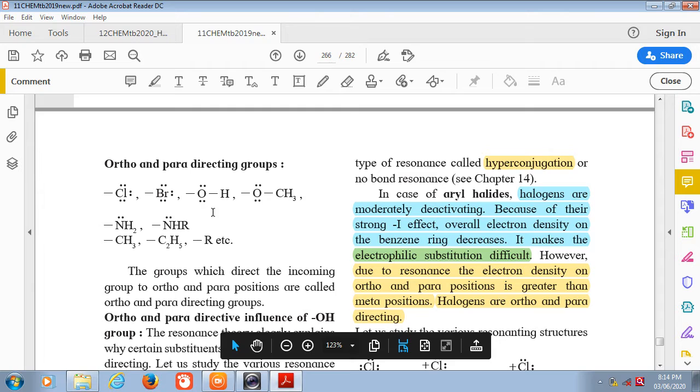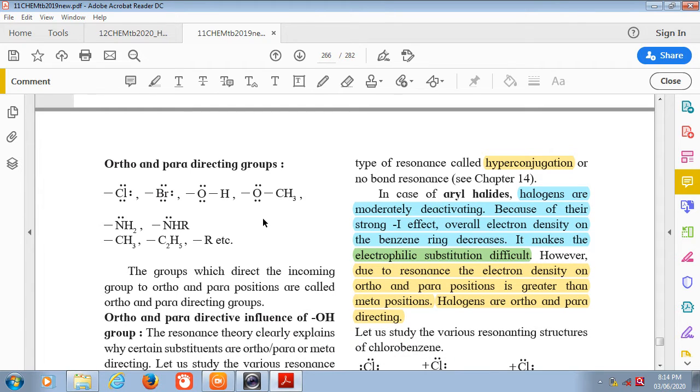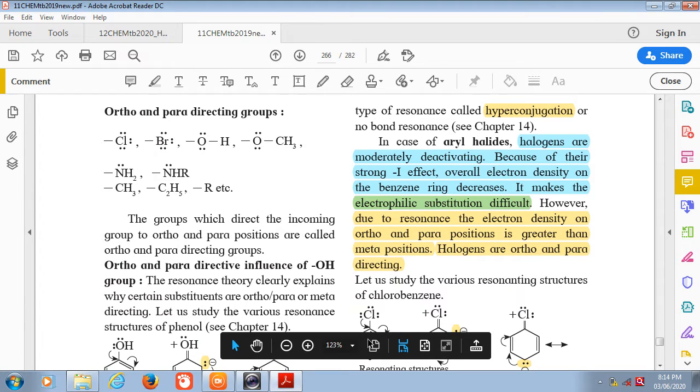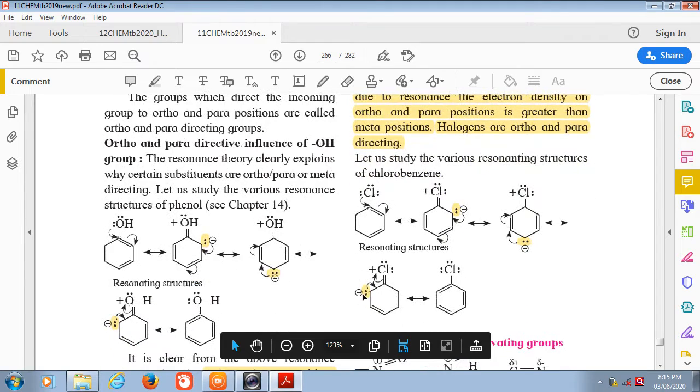Cl, Br, OH, OCH3, NH2, NHR, NR2, alkyl groups CH3, C2H5. These are groups which direct the incoming group to ortho and para position. That's why these groups are ortho para directing. Why are these groups ortho para directing? We have to check with the help of the resonating structure of chlorobenzene.